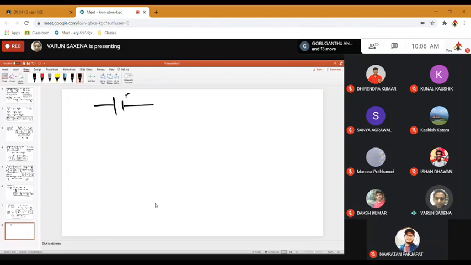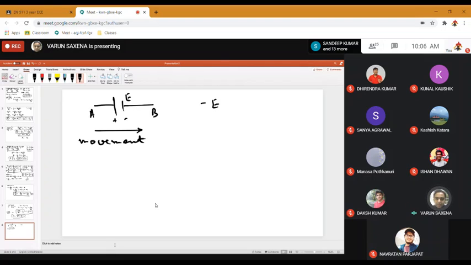Suppose this is a battery, and this point is A and this point is B. Then this is the positive side of the battery, and this is the negative side of the battery. So if you are in a circuit and you are moving in this direction, this is the direction of movement. So this EMF is going to be taken as minus E. Basically, that's the sign convention.